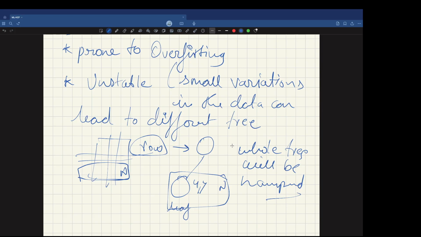So it is unstable, because small variations in the data can lead to a totally different tree. Everything will be different.